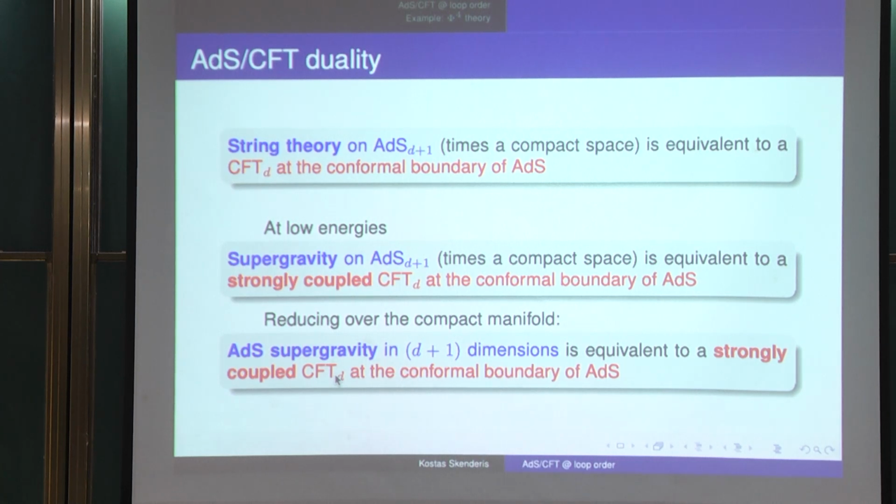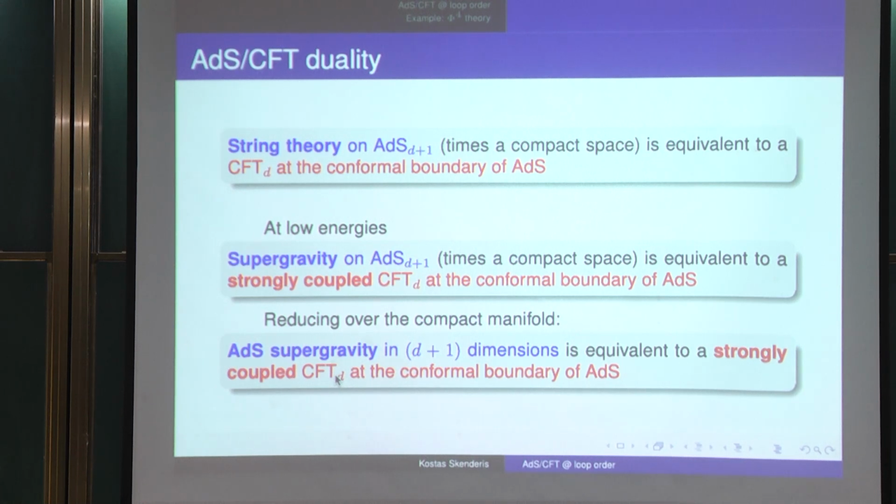As long as you quantize this entire theory, you're losing no information. You're still in 10 dimensions. So I've done that step, from 10 down to d+1 dimensions. And this is still equivalent to the strongly coupled CFT at the conformal boundary of AdS.